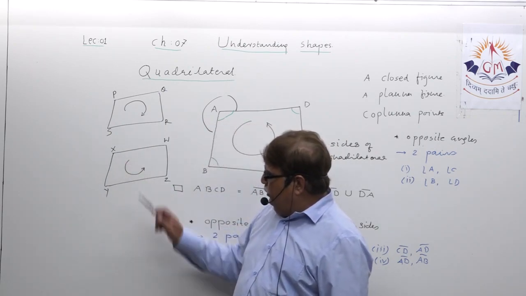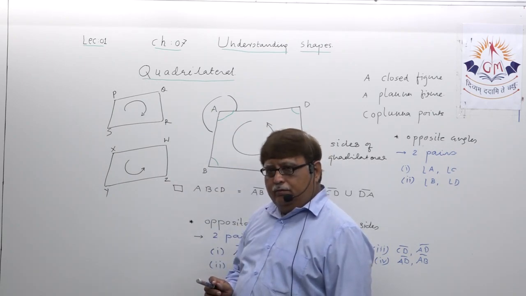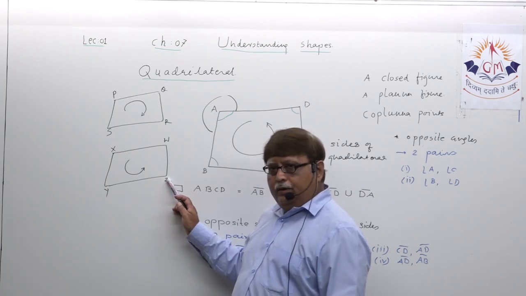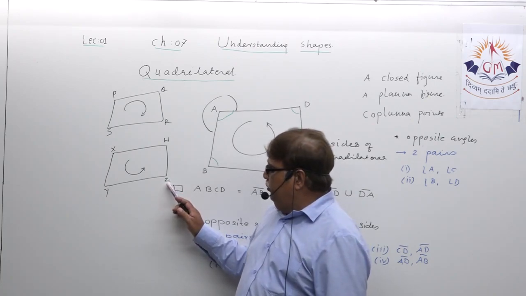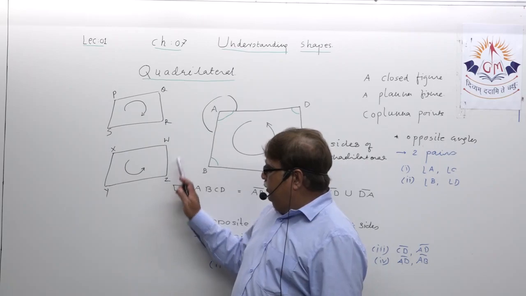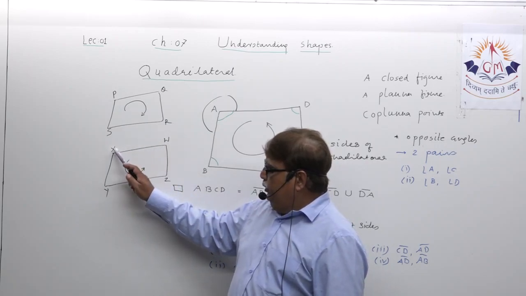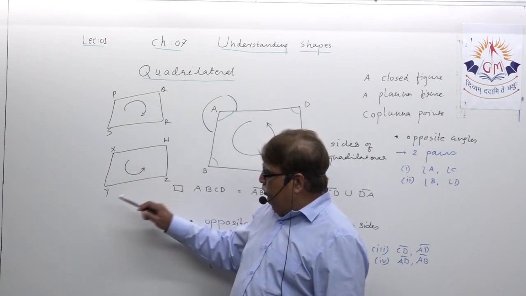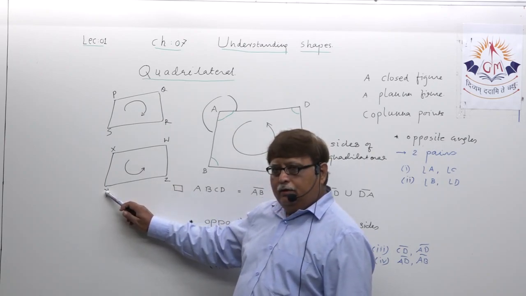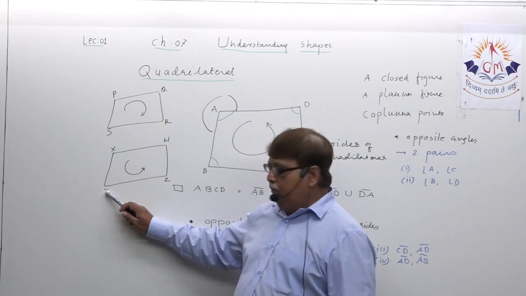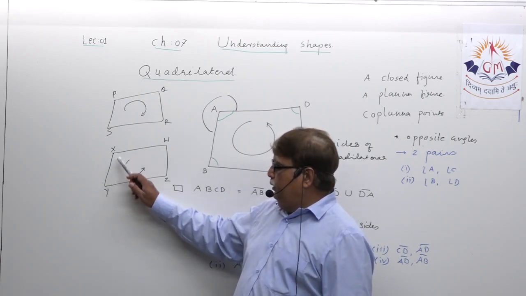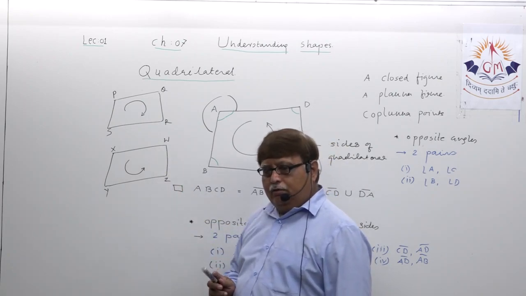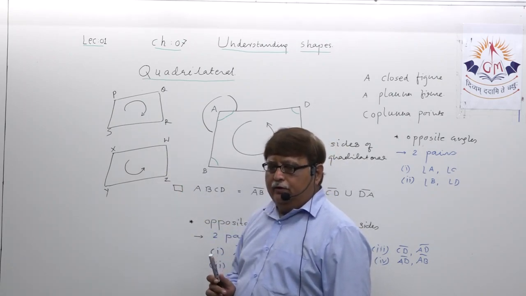In this quadrilateral, suppose I want to name it starting from vertex Z in anti-clockwise. Can you name it? Z, W, X, Y. Want to name the same quadrilateral from Y moving clockwise? How can you name it? Y, X, W, Z. You can't name a quadrilateral in a zigzag way.